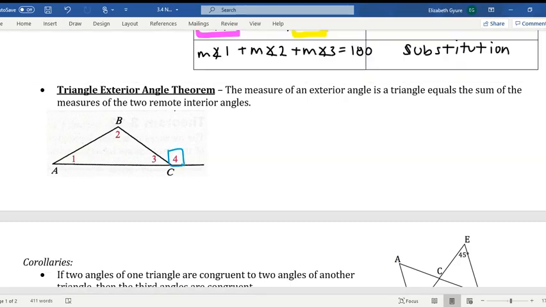So what this theorem is saying is that the measure of angle 4 equals the measure of the two remote interior angles. That means the ones not adjacent to it. So the ones on the other side of your triangle, which would be angle 2 and 1. So the measure of angle 1 plus the measure of angle 2. That's what this theorem says.